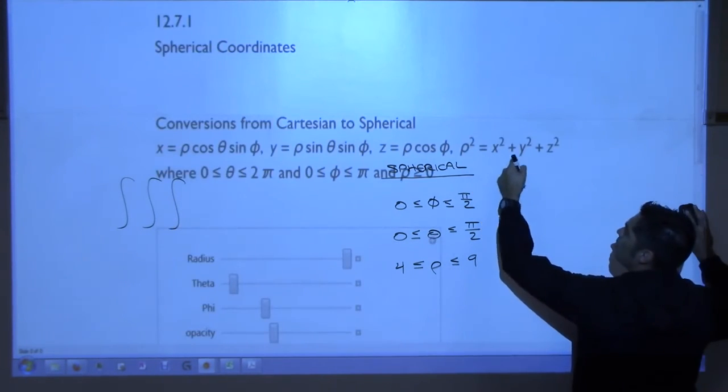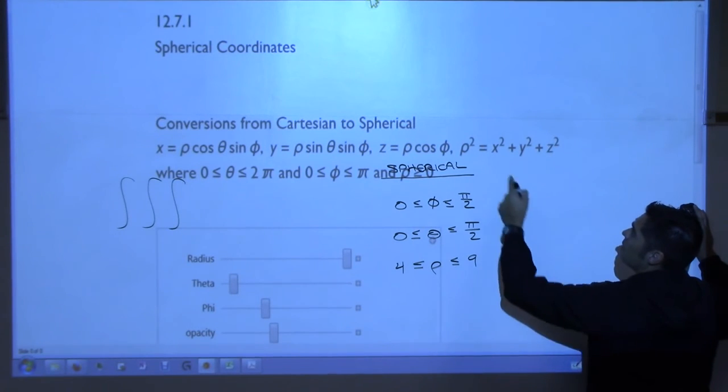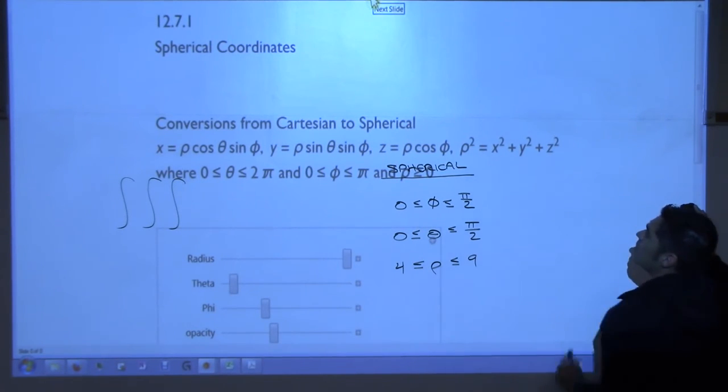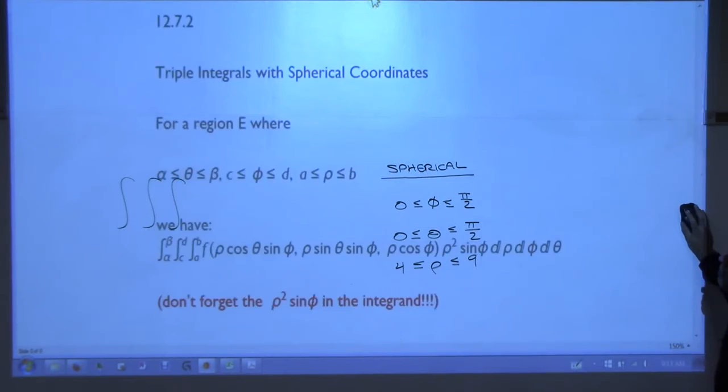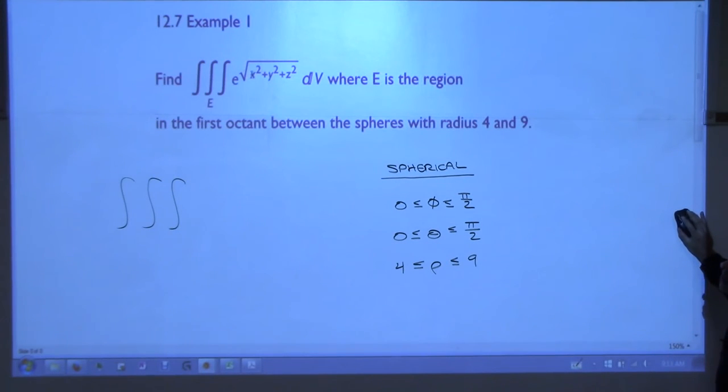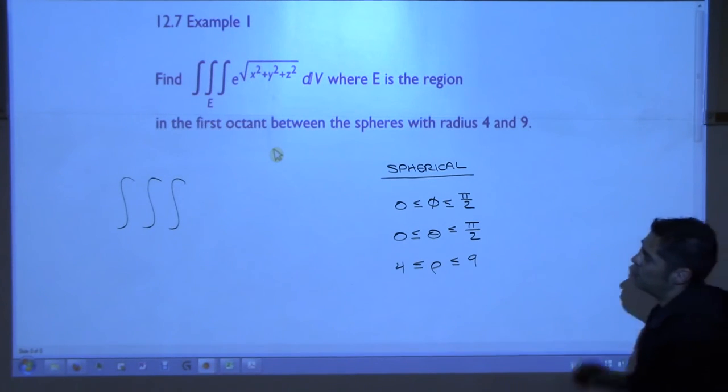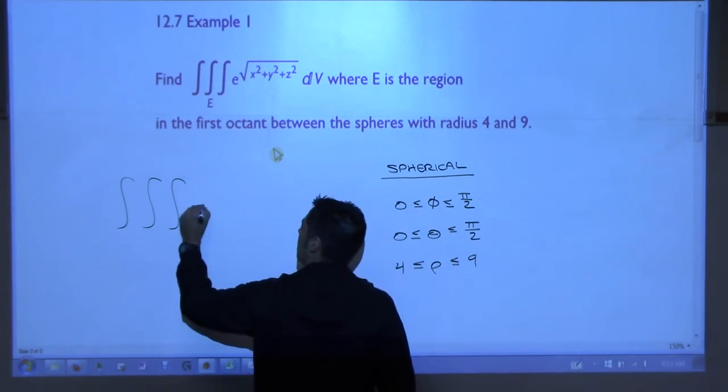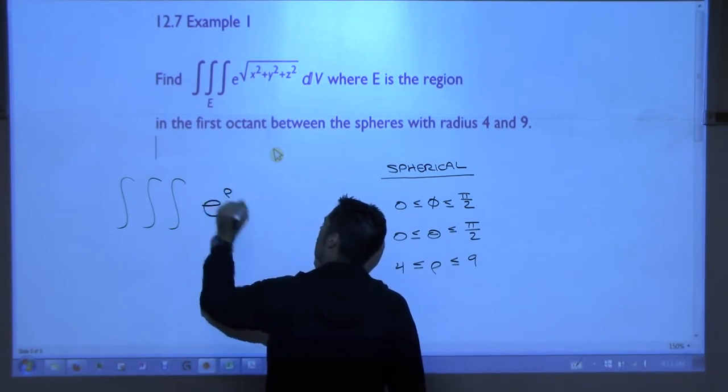Rho squared is x squared plus y squared plus z squared. So if I take the square root on both sides, right? This inside piece right here is x squared plus y squared plus z squared. That is rho squared. Take the square root, you just get rho. So when I convert that to spherical, that's just going to be e to the rho.